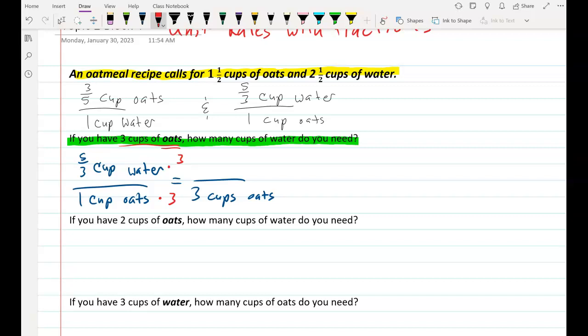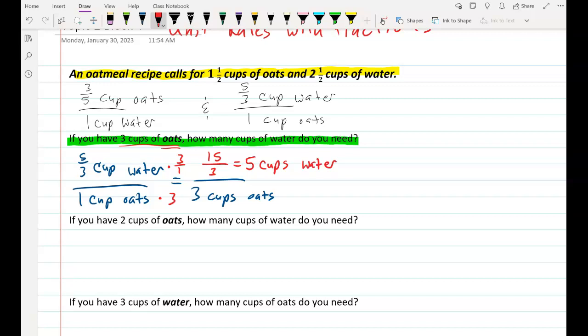But remember, we have to turn this whole number into a fraction since we're multiplying by a fraction. 5 times 3 is 15, and 3 times 1 is 3. So 15/3. Well, what is 15/3? 15 divided by 3 is 5. So we will need 5 cups of water for 3 cups of oats.